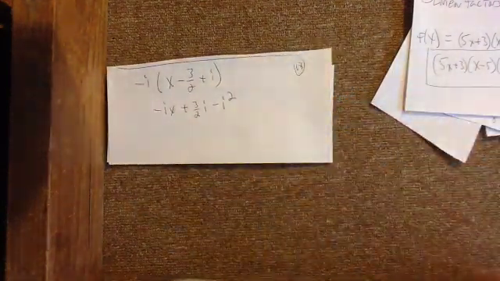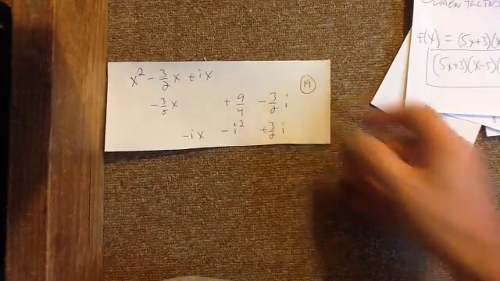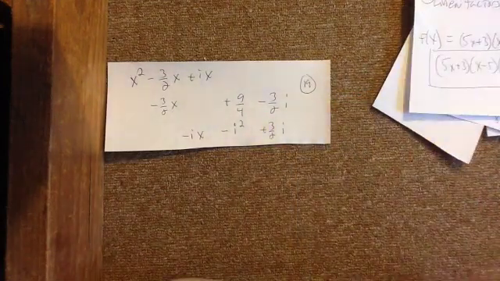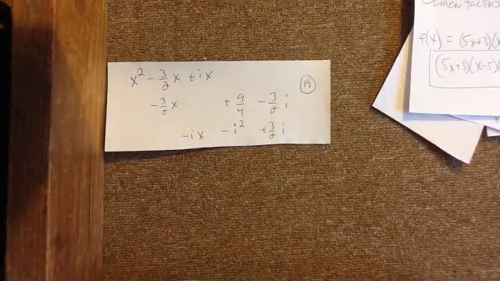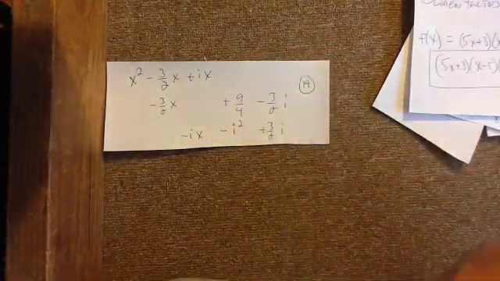And then, of course, I've got to multiply the negative i through. And now to put all that multiplication together so I can combine like terms, I wrote each result on a separate line.